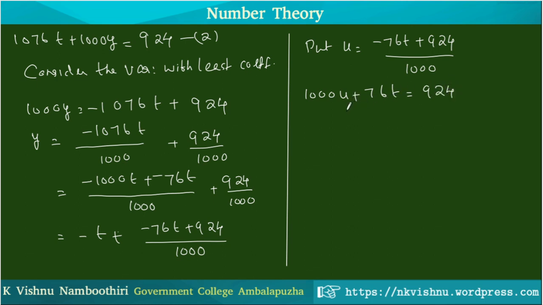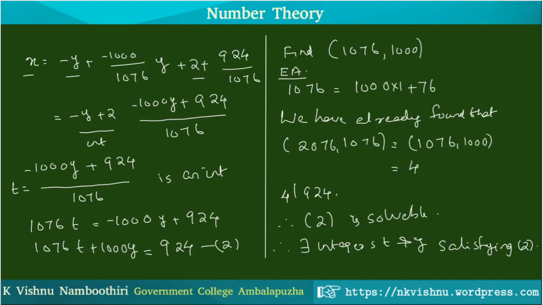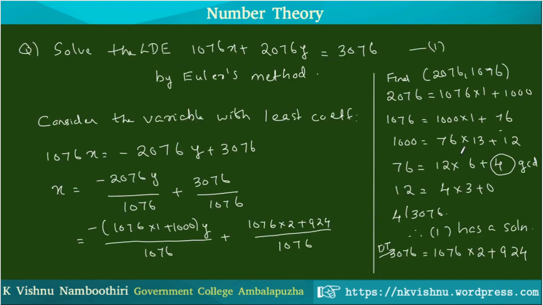Consider, what about the solvability of this? What about GCD of 1000 and 76? See that GCD of 1000 and 76 is nothing but GCD of 1000 and 1076. That is equal to GCD of 1076 and 2076, which is 4.